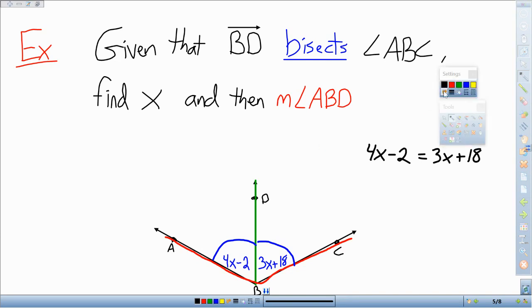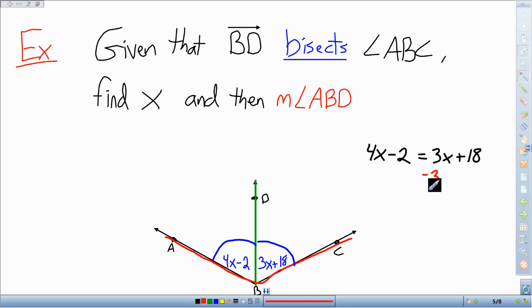I can either bring this 3x over to the left, or I have the option of bringing this 4x over to the right. It doesn't matter which one you pick. Here's my advice: pick which one is going to give you numbers that you like. Numbers that I like are positive. I like dealing with positive numbers better. So I know that since this is a positive 3x, to bring it over, I need to do the opposite.